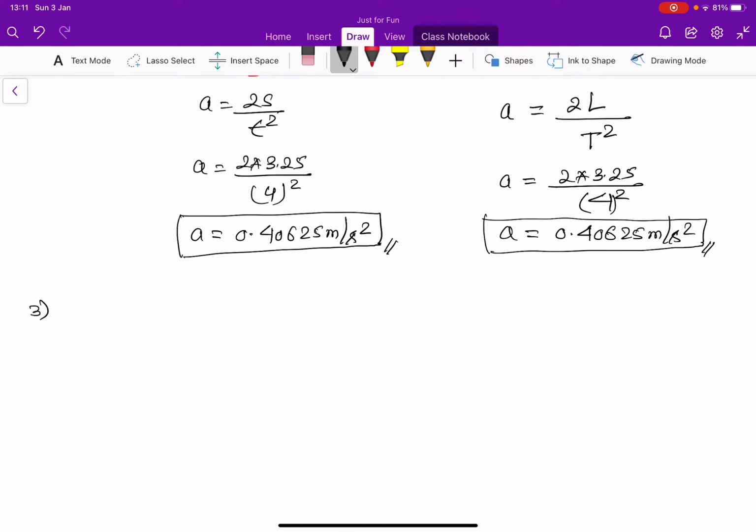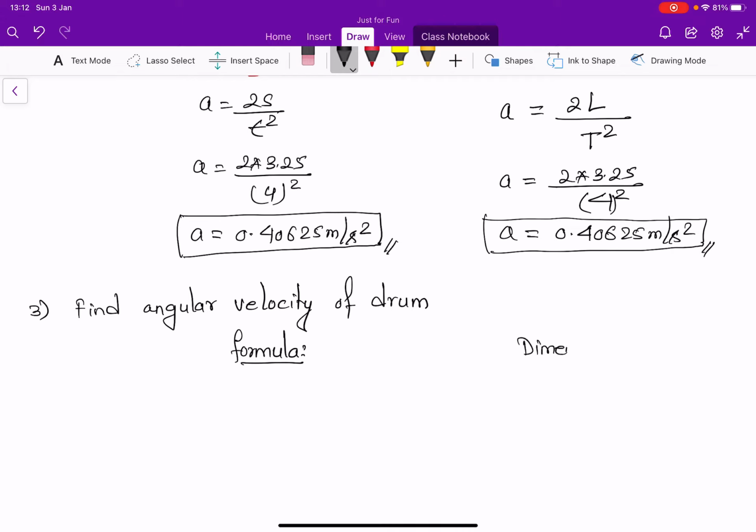So what we're going to find here is the angular velocity of the drum. We are going to use the formula, and the same thing with dimensional analysis.